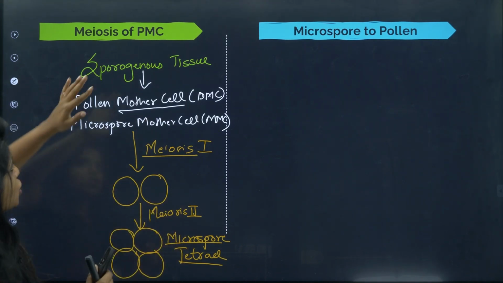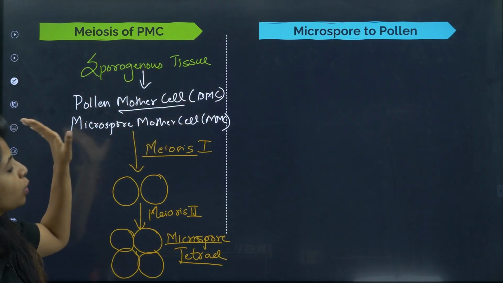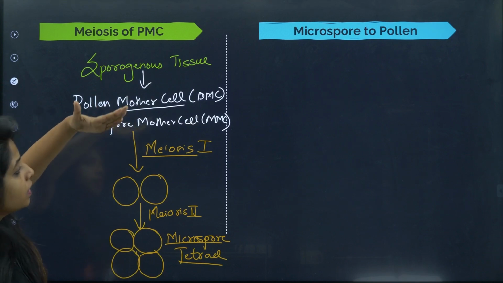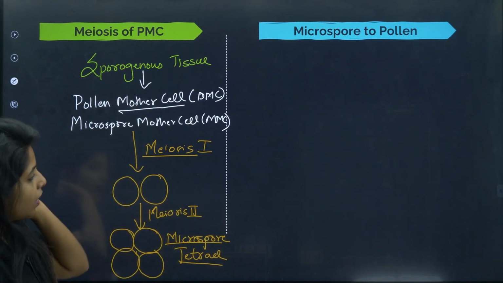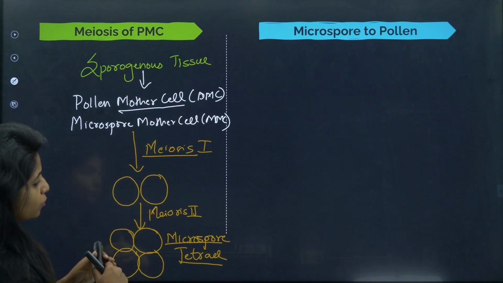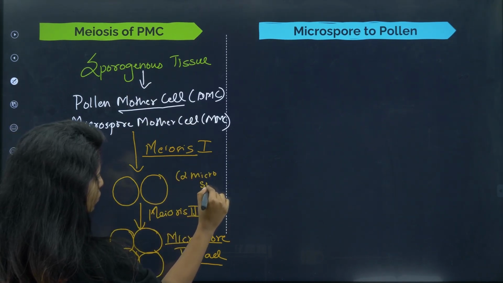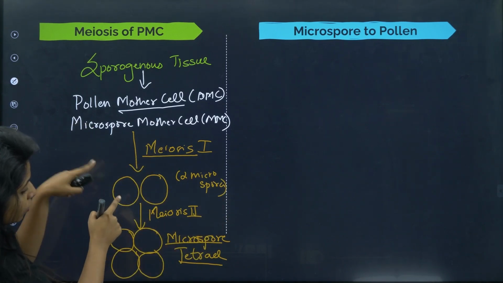Okay, so sporogenous tissue is there, children. The sporogenous tissue is made up of pollen mother cell or microspore mother cell. The microspore mother cell or the PMC basically undergoes meiosis. There are 2 rounds of meiosis, meiosis 1 and meiosis 2. At the end of meiosis 1, you get 2 microspores. At the end of meiosis 2, each of these also divides into 2.